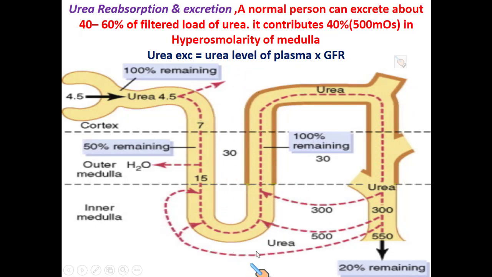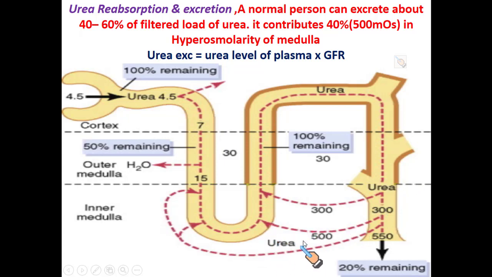That's why, if this recycling, this movement again and again, is not there, then the kidney will not be able to excrete this concentrated urea with a small amount of water from the body. Now you can understand how urea contributes 40% of the hyperosmolarity of the medulla, by the movement of urea from this side to this side.